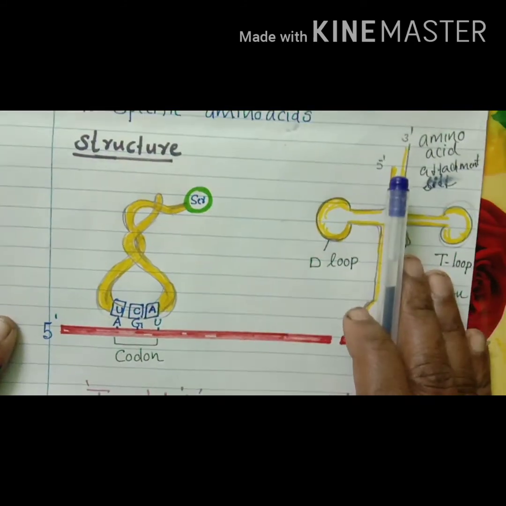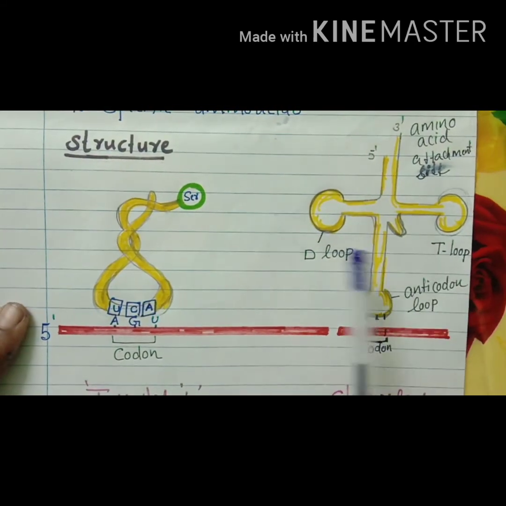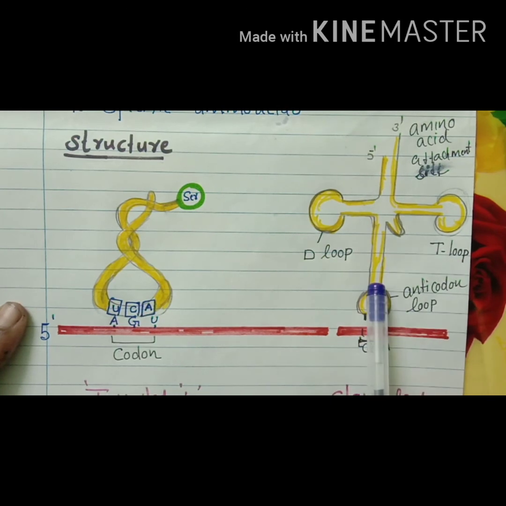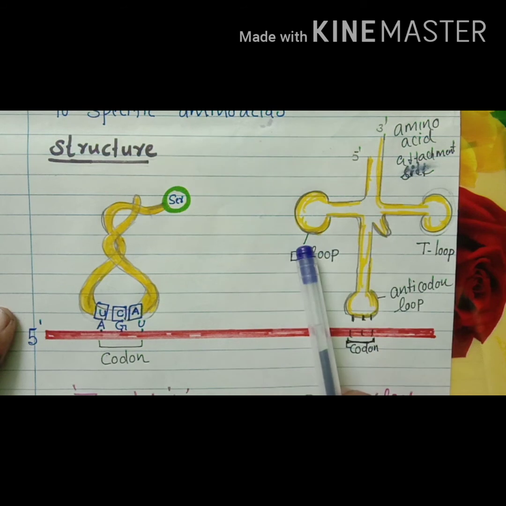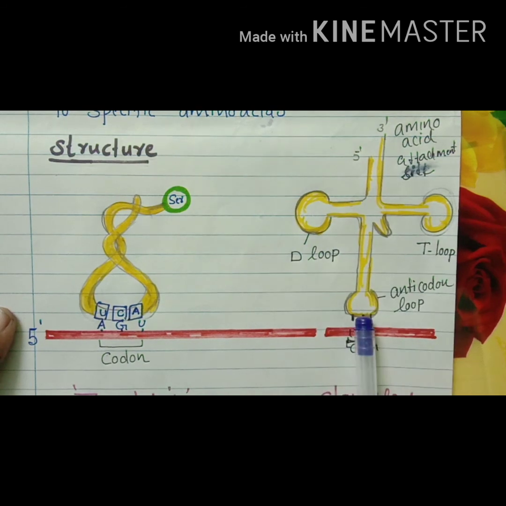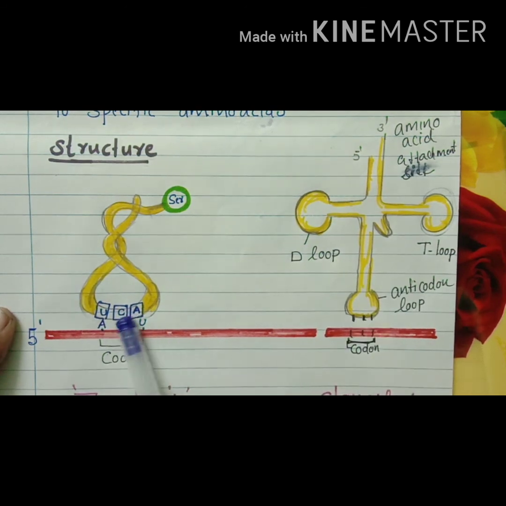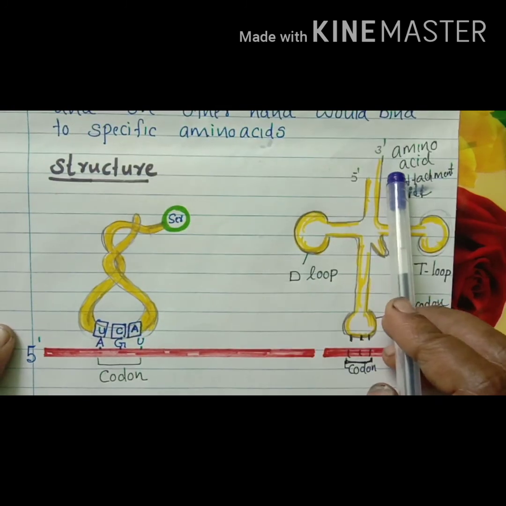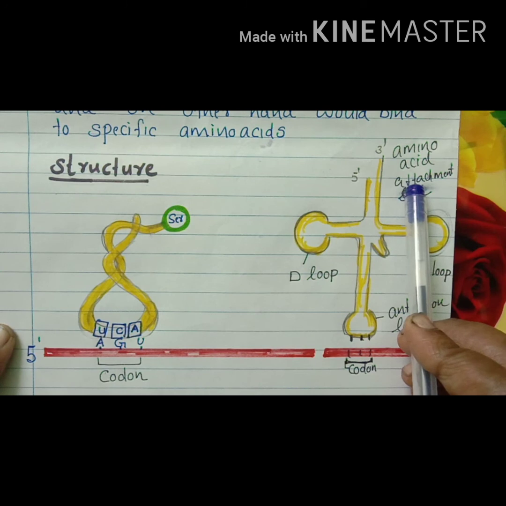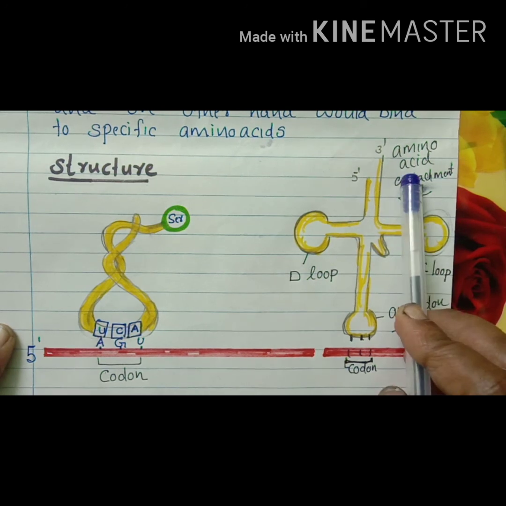When we observe tRNA, it has 3 loops. Here you can see the 3 loops. This is the T loop, this is the D loop, and this is the anticodon loop. Here we can also see the amino acid binding site, or amino acid attachment site.